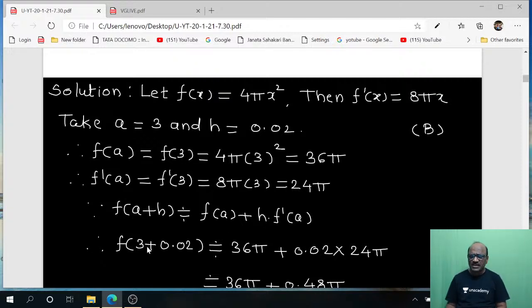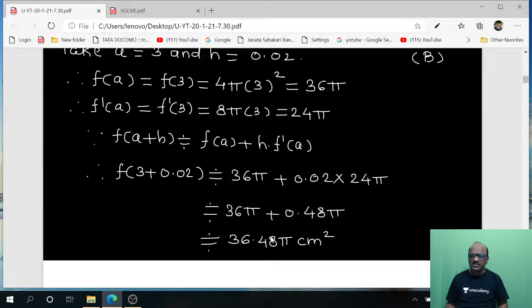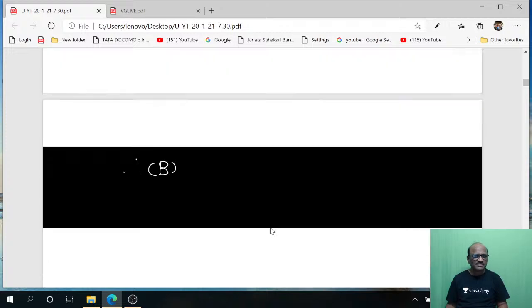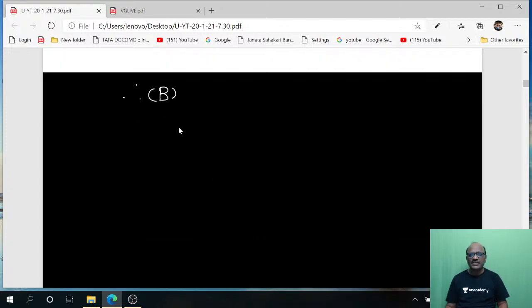Therefore f of 3 plus 0.02 is equal to 36 pi plus 0.02 into 24 pi, and after substituting we have 36 pi plus 0.48 pi, and their addition is 36.48 pi centimeter square, and this is the surface area of the sphere. Hence option B is the correct one.